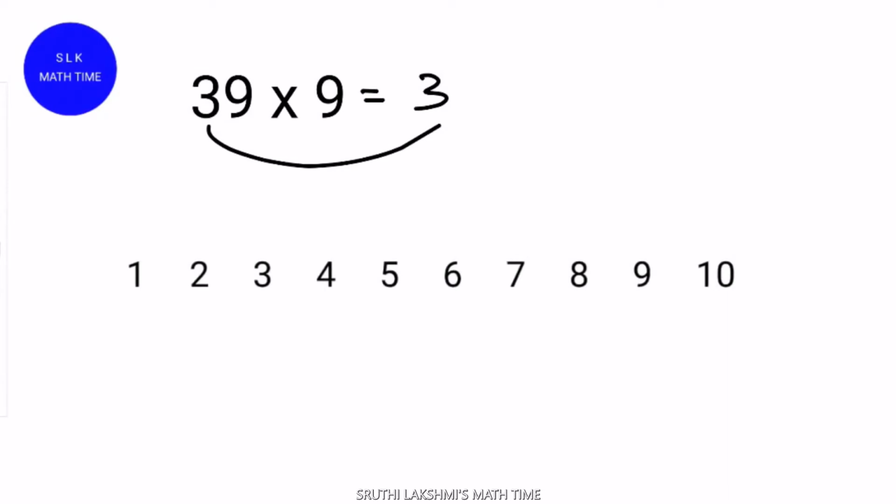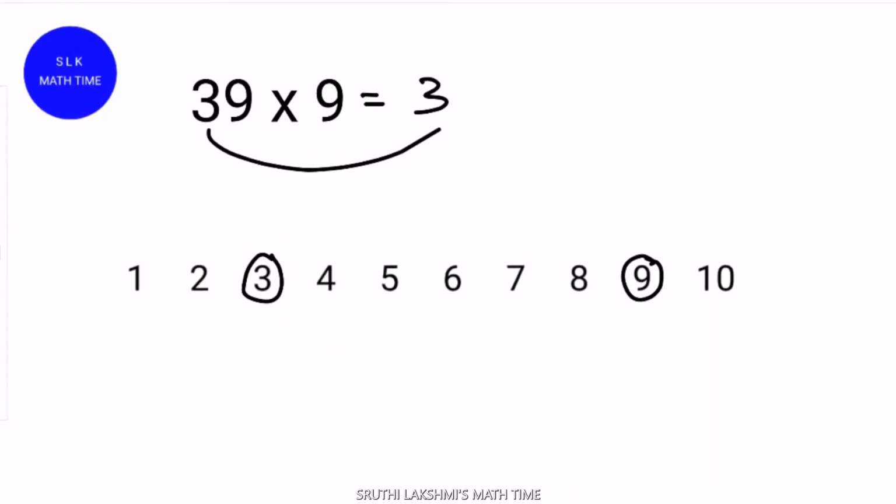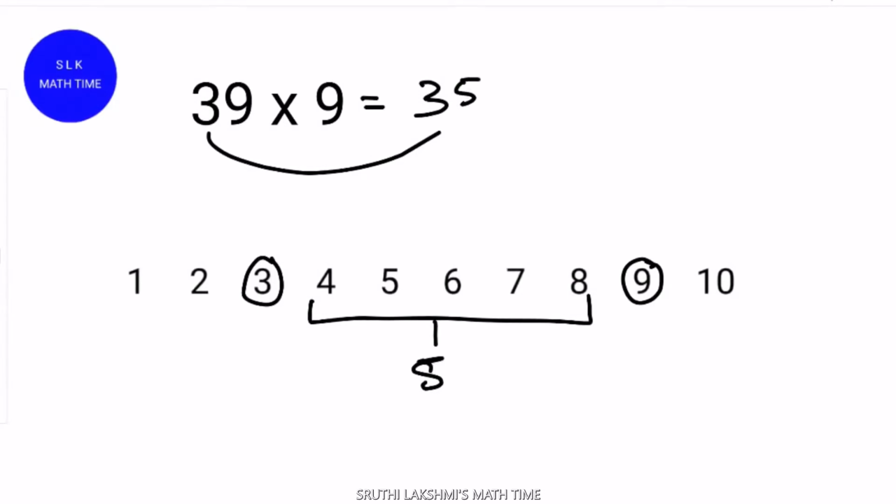Next, circle or underline the digits. So 3 and 9. Now find how many numbers there are between 3 and 9 that are uncircled. So these numbers. There are 5 numbers. So we write 5.